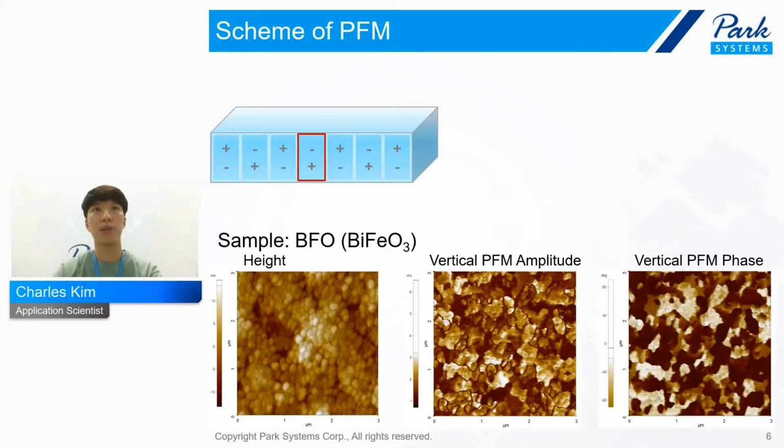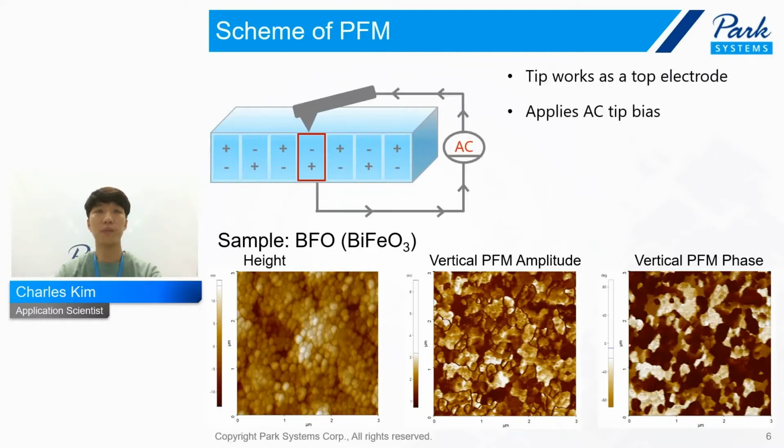And here is the schematic of the PFM. To measure the domain inside of the piezo material, the tip works as a top electrode. And we make some circuit, so make an electrical contact at the bottom of the sample.